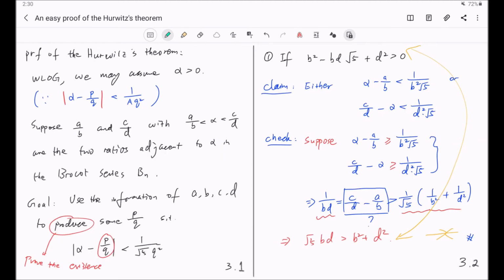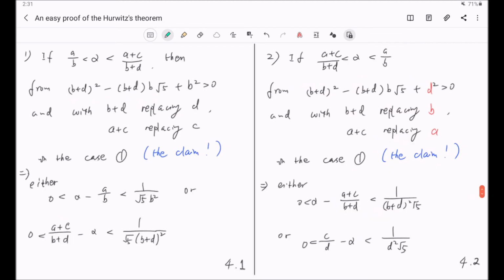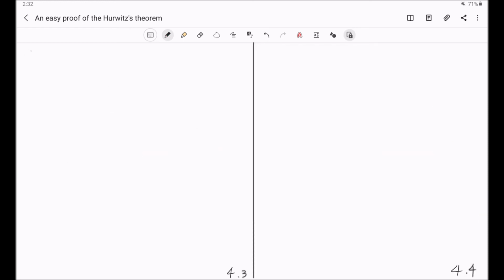To summarize what we have got, we've got 6 inequalities. 1, 2, 3, 4, 5, and 6. And the conclusion that we can get from those 6 inequalities is that one of the following 3 inequalities holds.